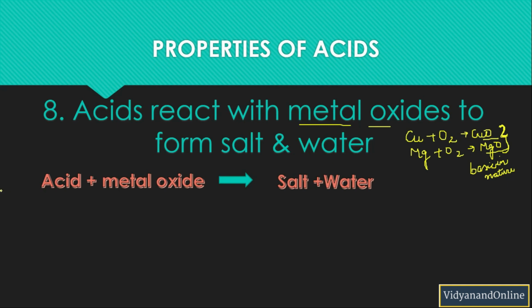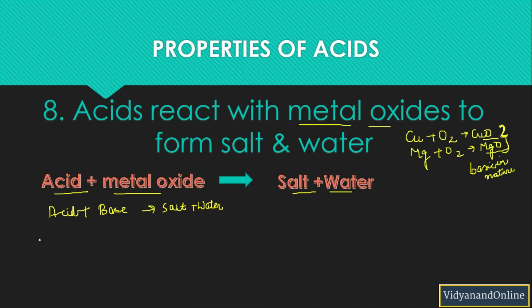Now when these metallic oxides react with acid, they form salt and water, and this is obvious because we have acid and in place of metal oxide I can write base. We know that acid and base give salt and water, and this salt and water are neutral in nature.